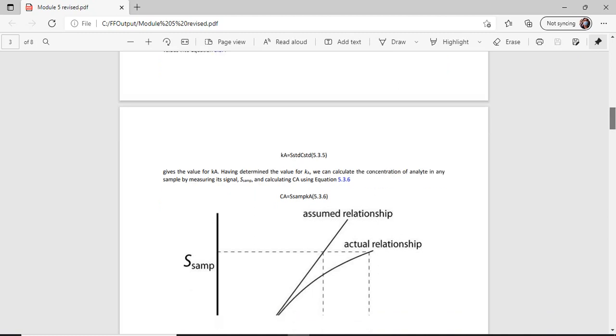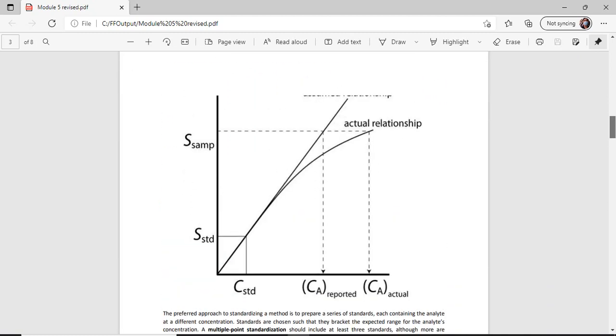Now you have here a figure showing the curve for your assumed relationship of the concentration of your analyte, which is the reported, and the actual that is performed. You have here your sample and also your standard.